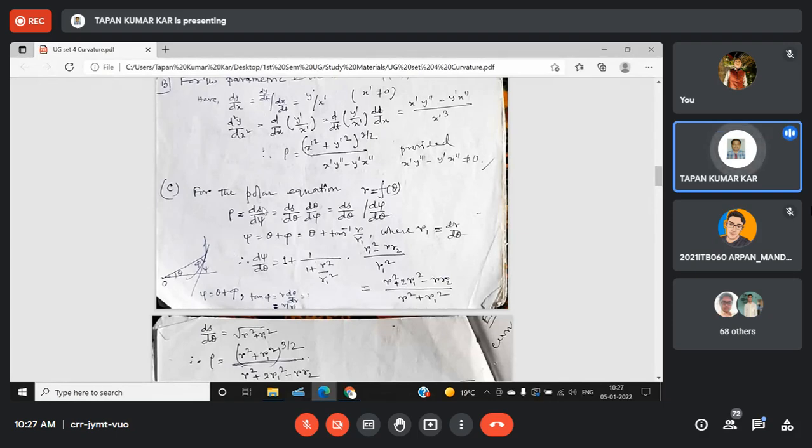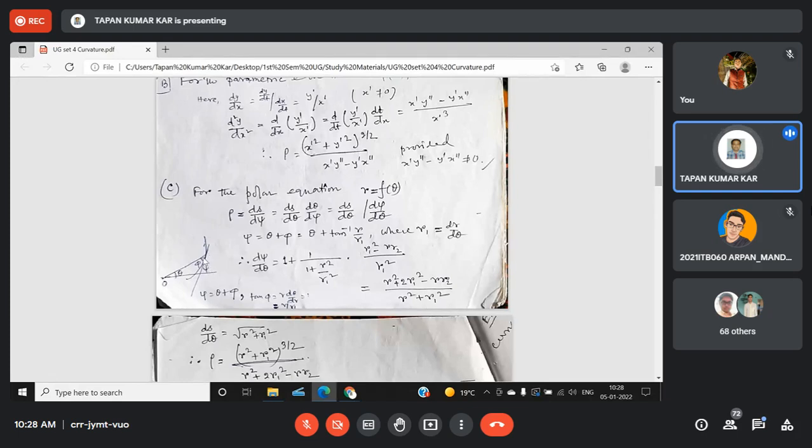Rho equal to ds/dpsi, that is (ds/dtheta) by (dpsi/dtheta). Now you have to find ds/dtheta and dpsi/dtheta, then only you can evaluate rho. Now psi equal to theta plus phi.